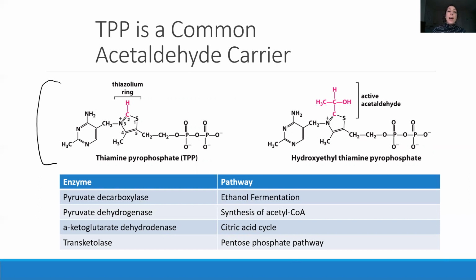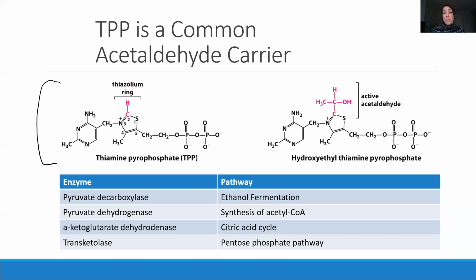You can see that TPP, as noted, is used in many other enzymes aside from our pyruvate dehydrogenase complex. It's also used in pyruvate decarboxylase, not to confuse you here. Pyruvate decarboxylase is the enzyme that's used in ethanol fermentation. It's used here in pyruvate dehydrogenase to synthesize acetyl-CoA.